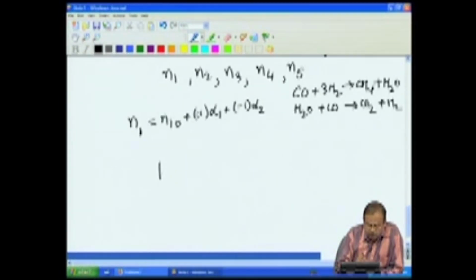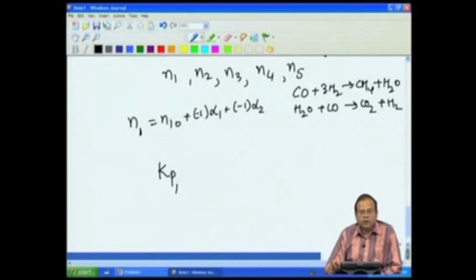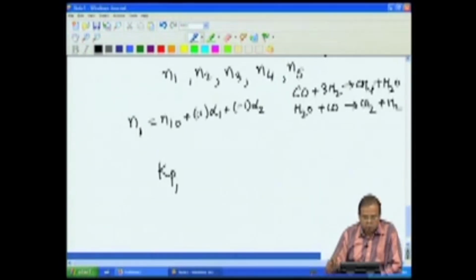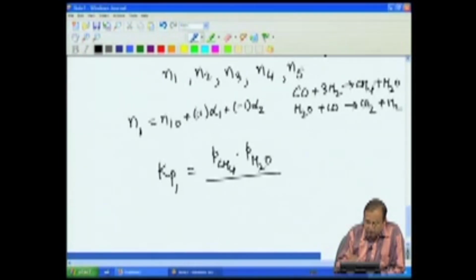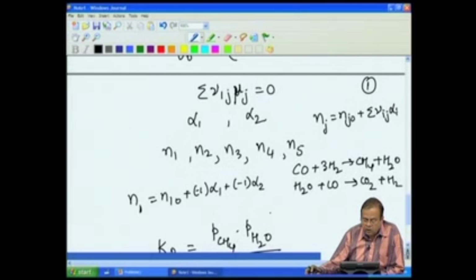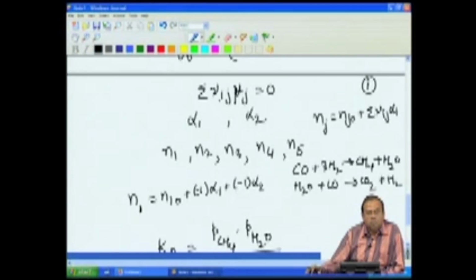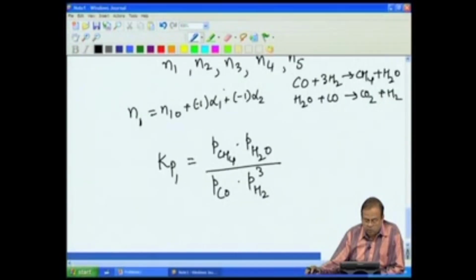Now, we have been given the equilibrium constant Kp1, and being an ideal gas, a perfect gas mixture, we can write this as partial pressure of methane into partial pressure of water divided by partial pressure of CO into partial pressure of hydrogen raised to 3. Where do we get this? We get this from using this thermodynamic equilibrium condition.